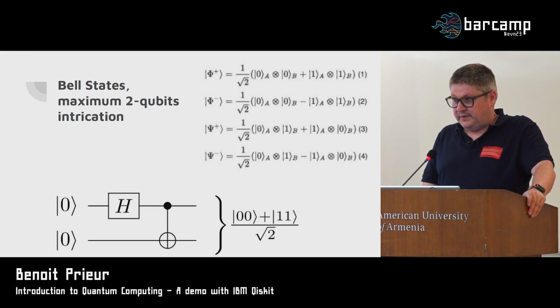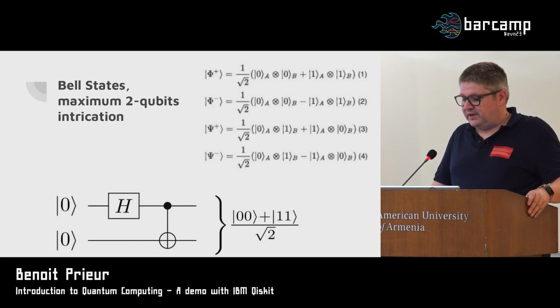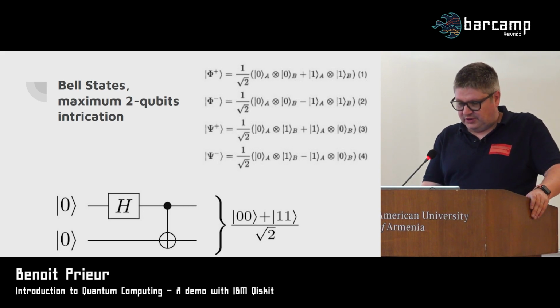Or 1, 1. So, you remember with 2 qubits, we have 0, 1 after measure, 1, 0, 0, 0, or 1, 1. In that case, we should get only 0, 0 or 1, 1 because the two particles are entangled, intricated.